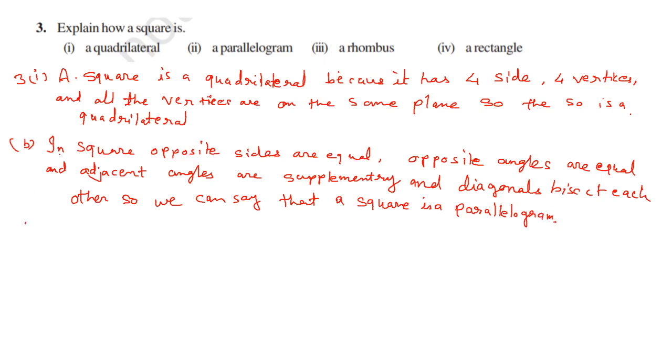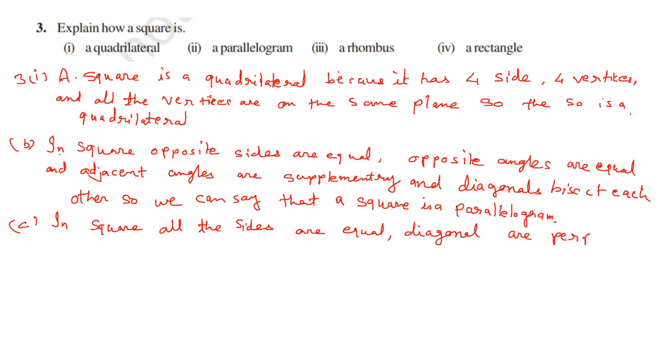Now C, a rhombus. A square is a rhombus. In a square, all the sides are equal. Diagonals bisect each other, and diagonals are perpendicular bisectors, and it also follows the properties of a kite.